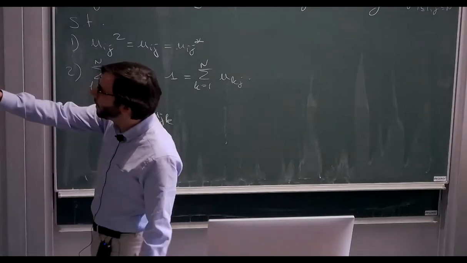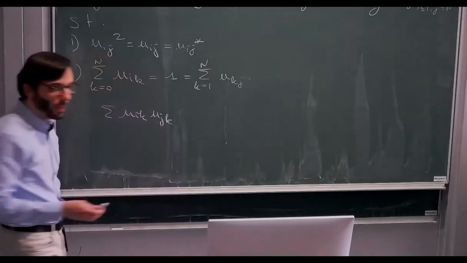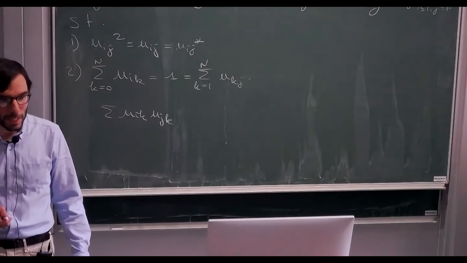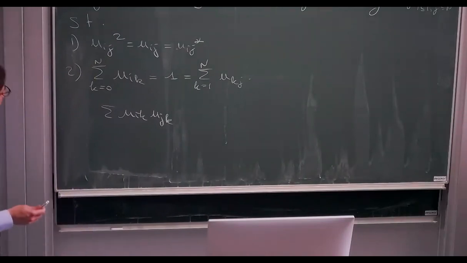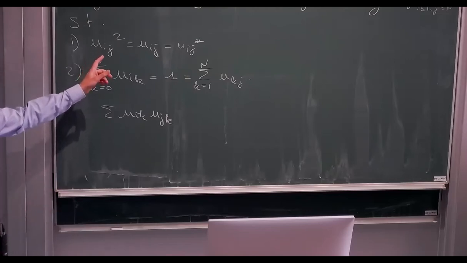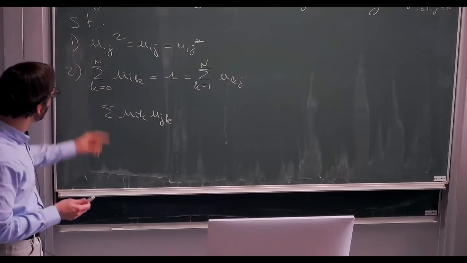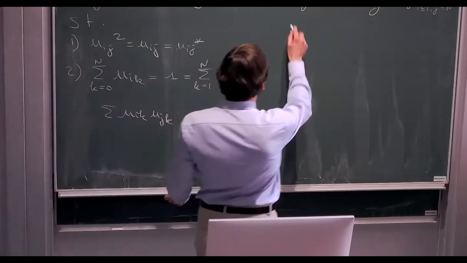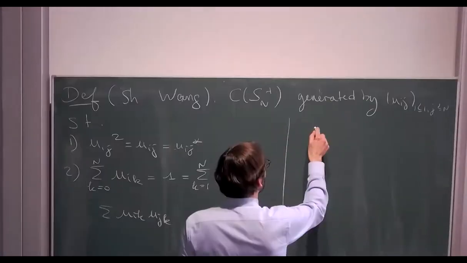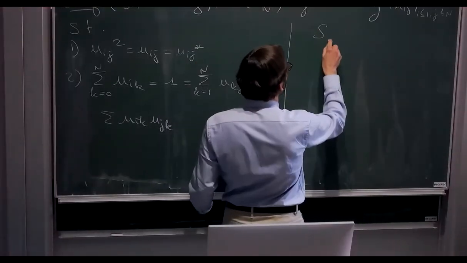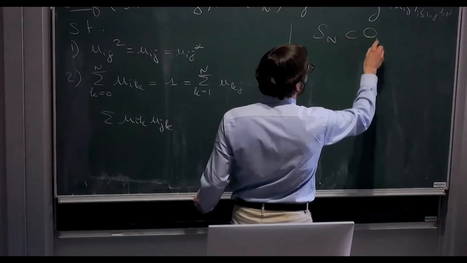And as for the delta, there's a question in the chat here. Can we realize the matrix uij as a permutation matrix? Permutation matrices give you an example of this, yes, but it's more general. I can say it already. If you take the classical permutation group, you can see this as a closed subgroup of ON.